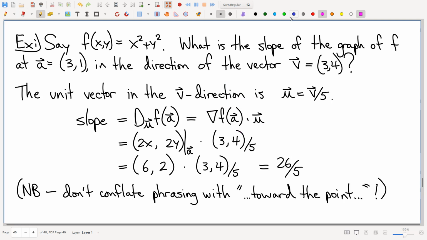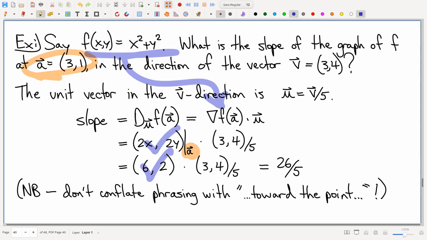Let's see here, the gradient itself, of course, you're going to compute the gradient by taking the appropriate partials. You plug in the point in question, and that tells you the specific gradient that you need to use.